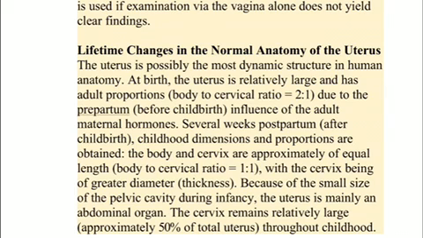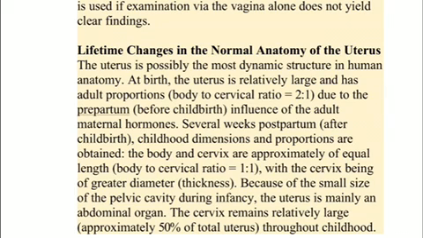But several weeks after birth, in the postpartum period, the dimensions change. The childhood dimensions and proportions are now different. The body and cervix are approximately of equal length, so the body to cervix ratio is 1:1.